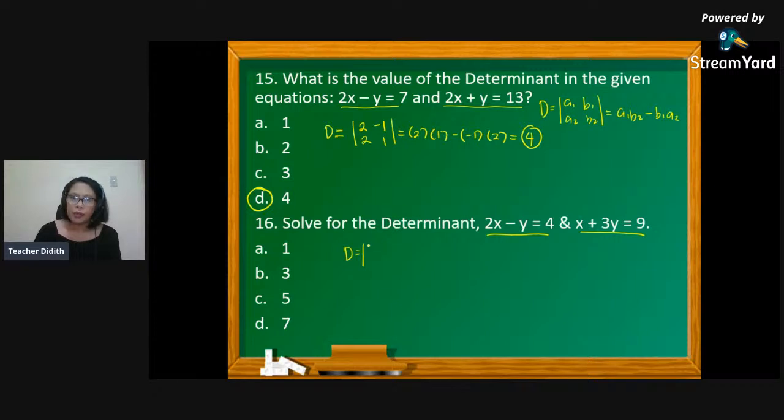So we have 2, 1 for a sub 1, a sub 2, and then negative 1, and then 3 for b sub 1, b sub 2 respectively. Let's find out if D is really the answer. So this is 2 times 3 minus the product of negative 1 and 1. So this is 6 minus negative 1, and it's 7. Correct. It's letter D. Very good, guys.